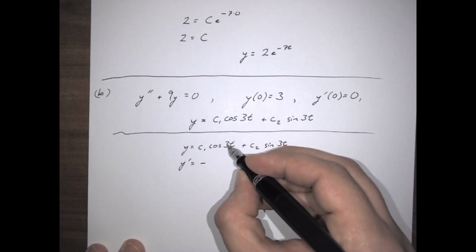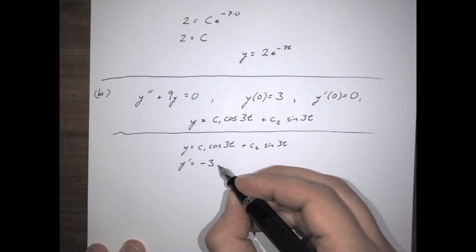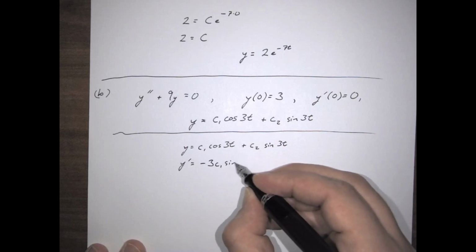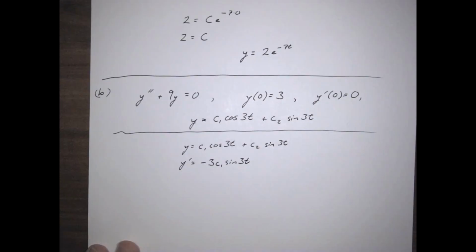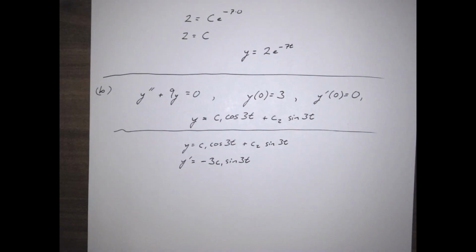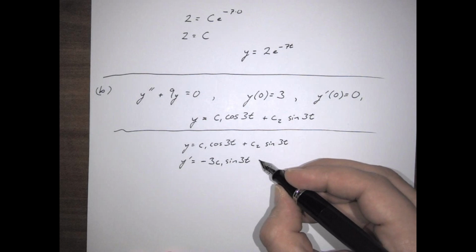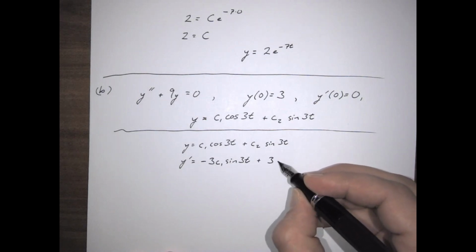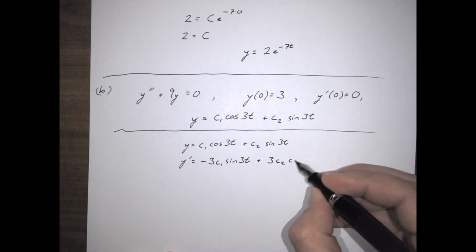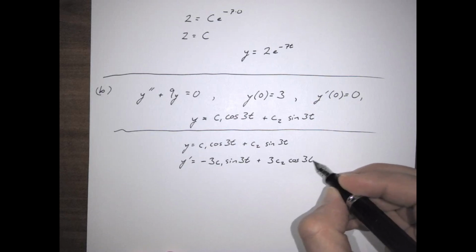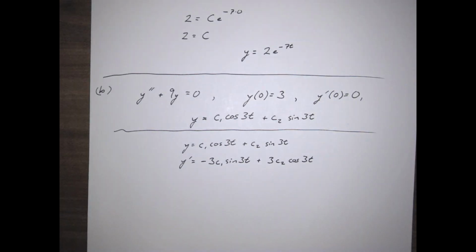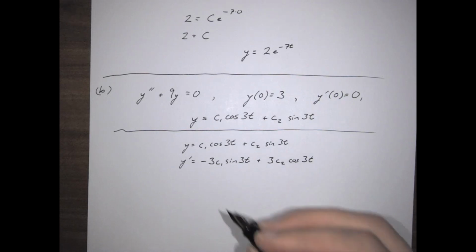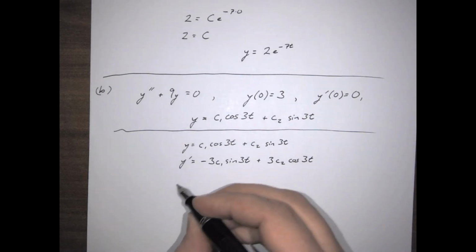The 3 is going to come out by the chain rule. And so we are going to have this for the first term, and then for the second term we're going to have 3c2 cosine 3t. Again, the chain rule is in effect here. So the derivative of sine is cosine, and then the 3 gets multiplied on top of the whole previous result.